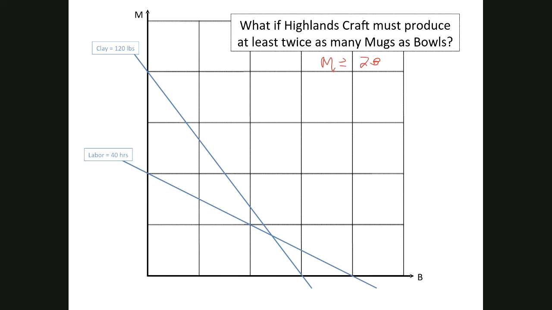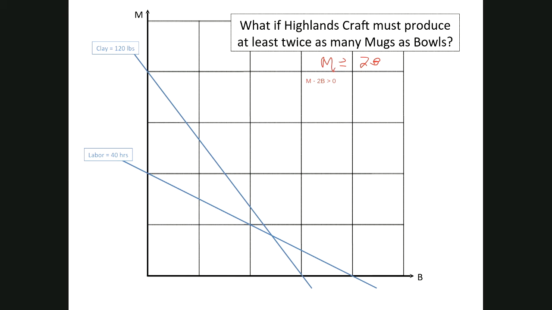Now this can be written in any number of ways. It can be written as m minus 2b is greater than or equal to 0. It can be written also as minus m plus 2b is less than or equal to 0.